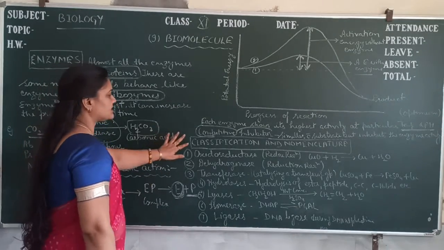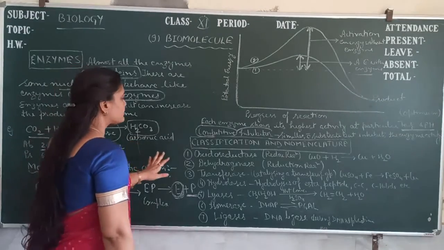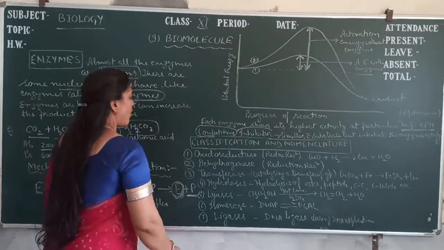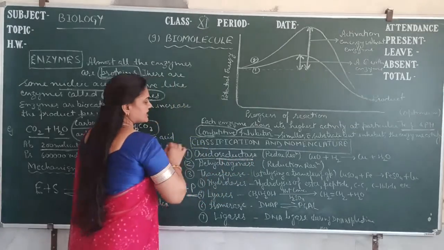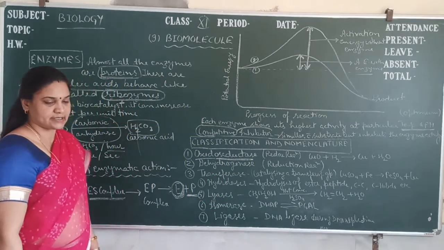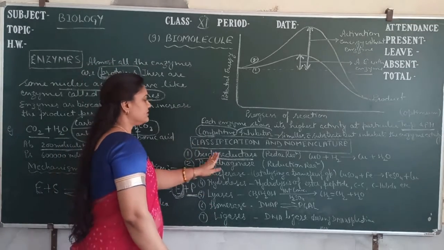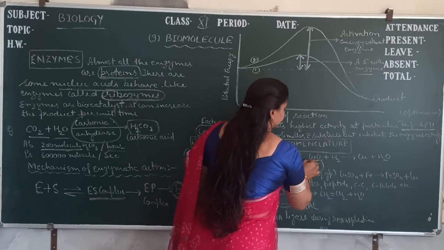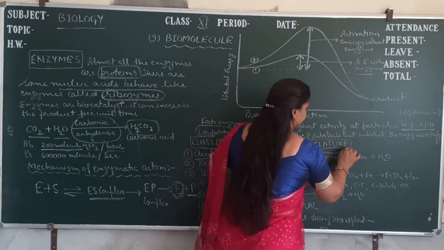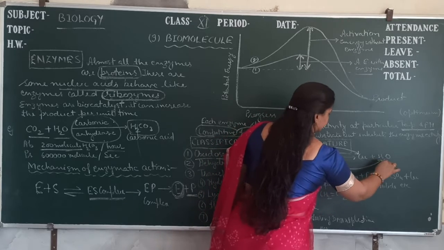Now we come to the classification and nomenclature of the enzymes. So first is oxidoreductase. Oxidoreductase is the enzyme which catalyzes redox reactions. What are redox reactions? In these reactions, one substrate is reduced and the other substrate is oxidized.